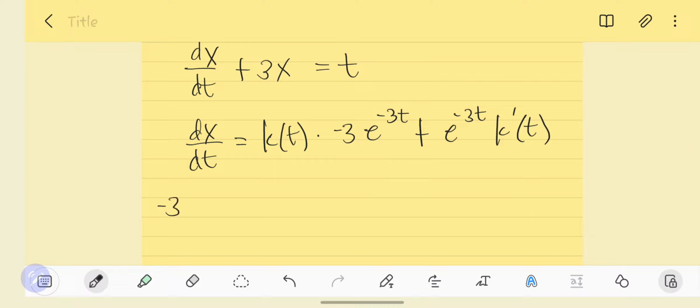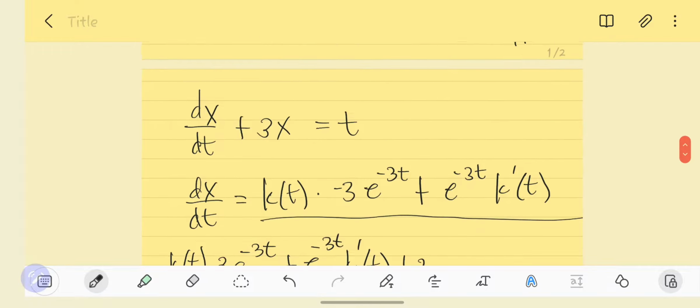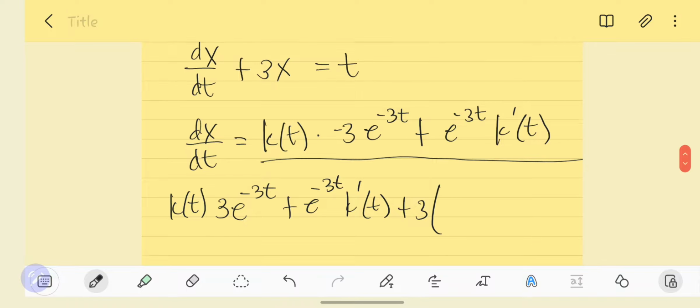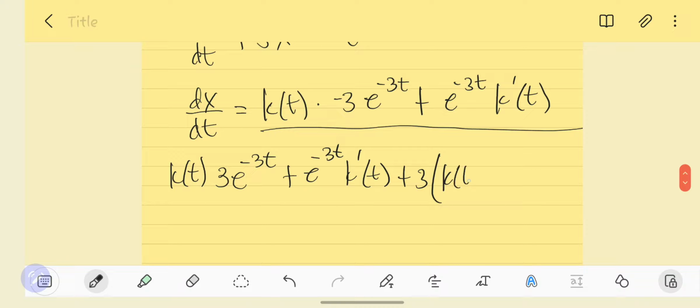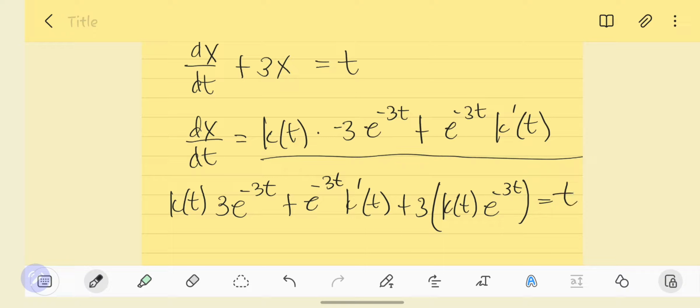Then we will input that into the non-homogeneous equation. So dx over dt is equal to k of t times negative 3 e to the negative 3t plus e to the negative 3t k prime of t, plus 3 times x, which is the solution of the homogeneous equation, so 3 times k of t times e to the negative 3t, is equal to t.